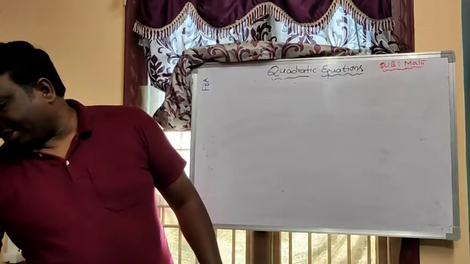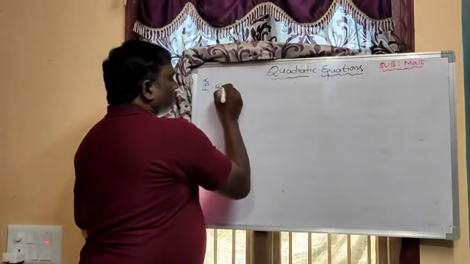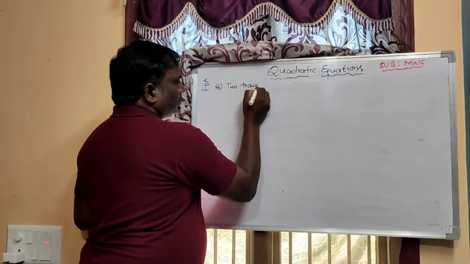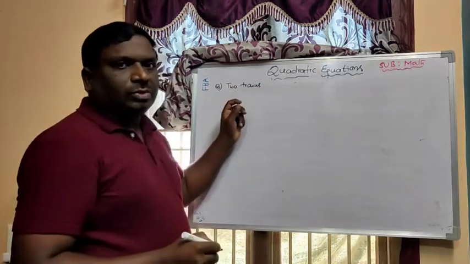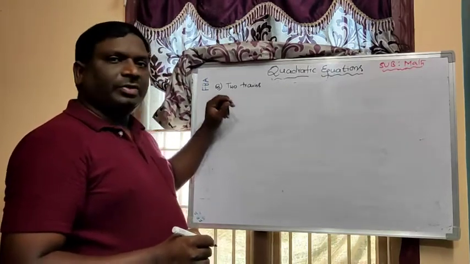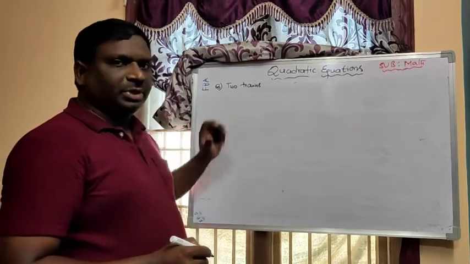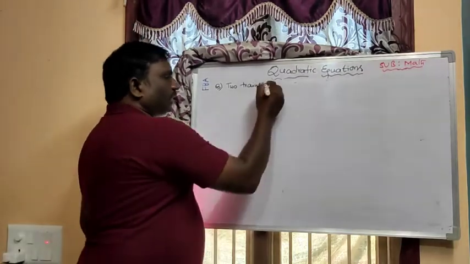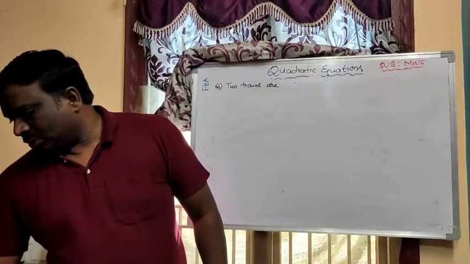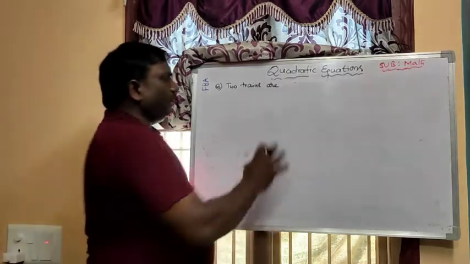I'm not discussing all the questions here. Whatever questions children are finding difficult, only those questions I'm discussing here. Two trains leave a railway station at the same time.